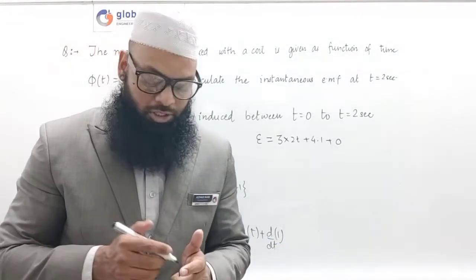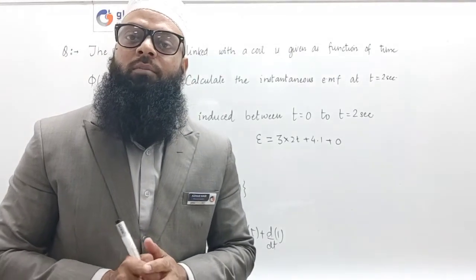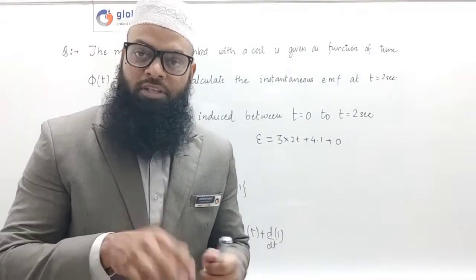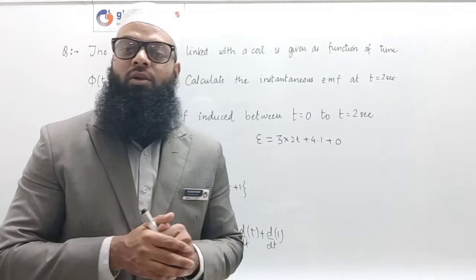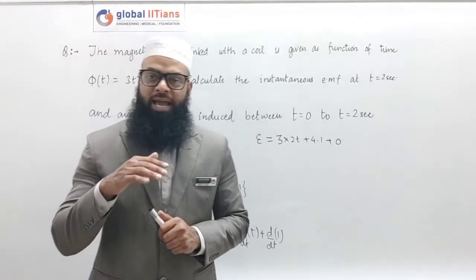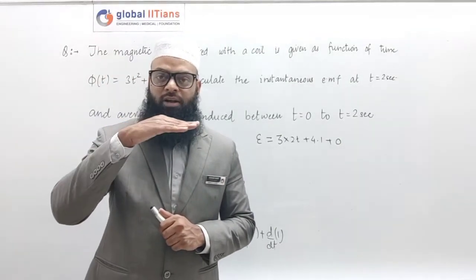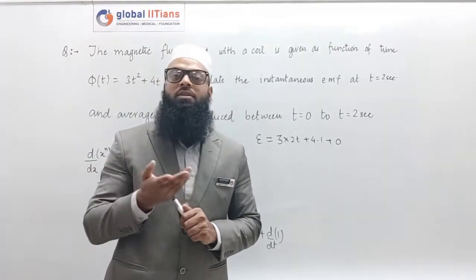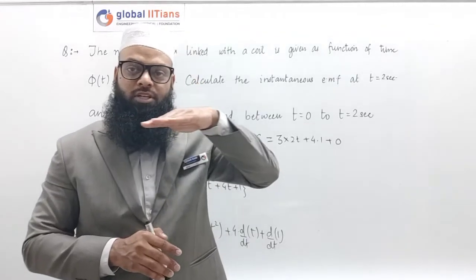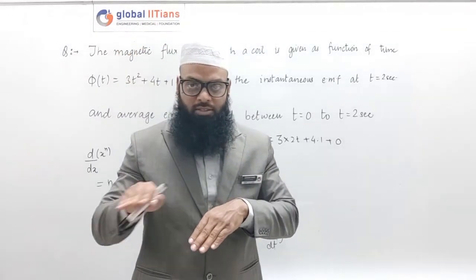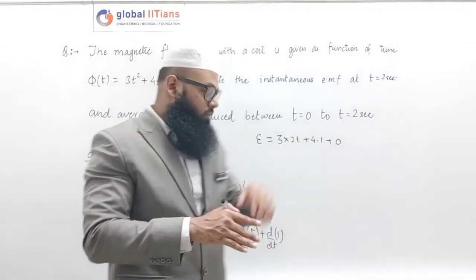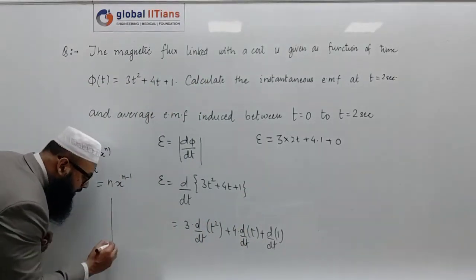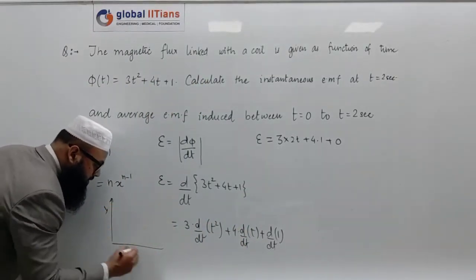Why is the differentiation of a constant equal to 0? Because the dy/dx value actually gives you the tan of the angle that the graph at that point makes with the positive x-axis. When something is constant, it is not changing. This is your y-axis, this is your x-axis. I'll draw a graph just to brief you. This is a y versus x curve.